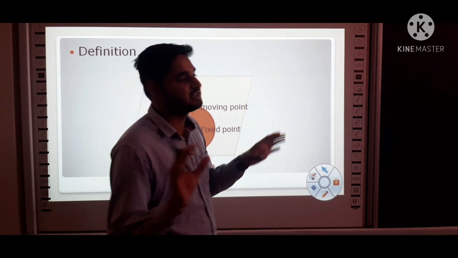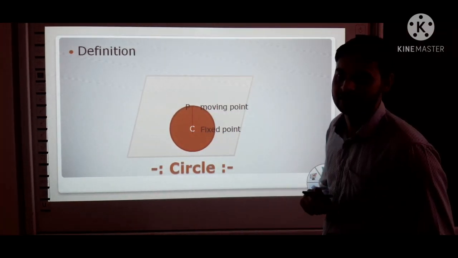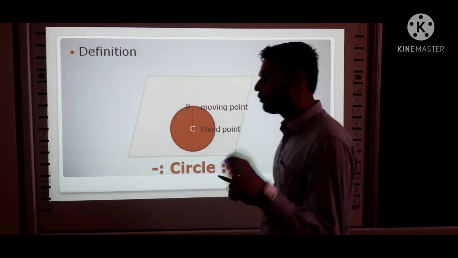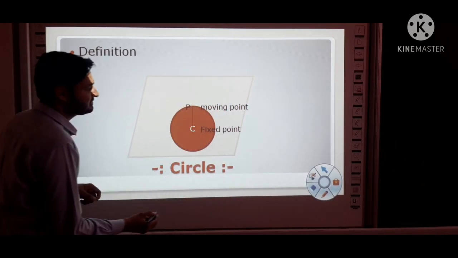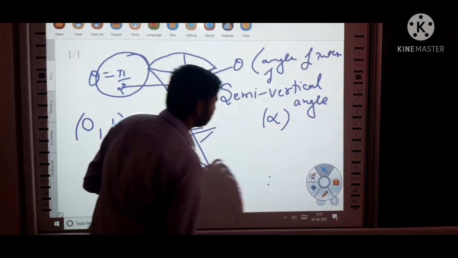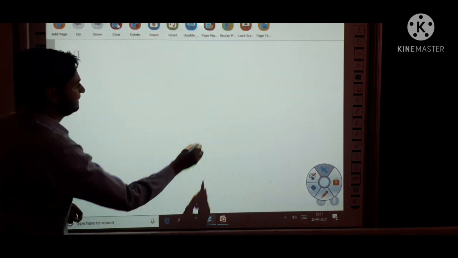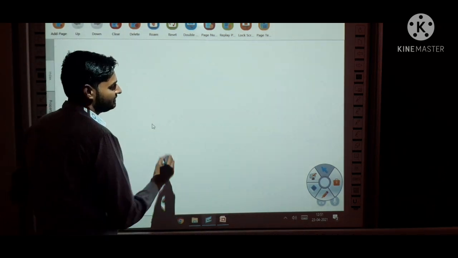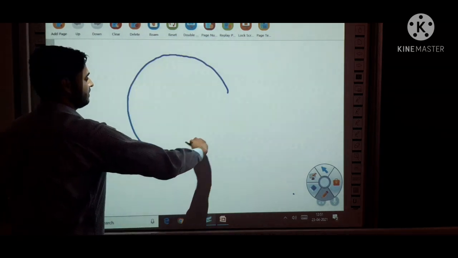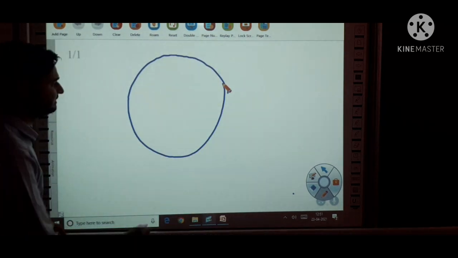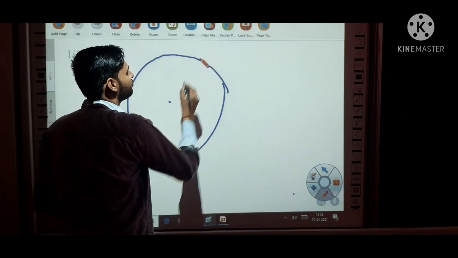So how to define circle? Circle is the locus of all points of a moving point such that its distance from the fixed point is always the same. Take an example. This is the circle, and this is the fixed point, and this is the moving point.